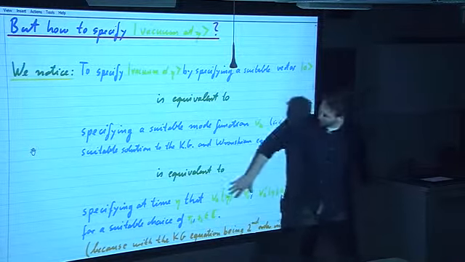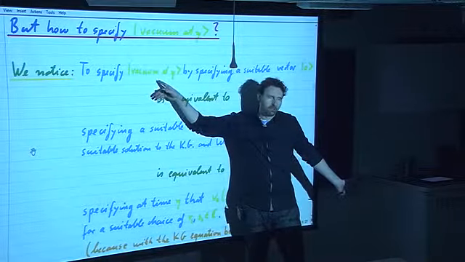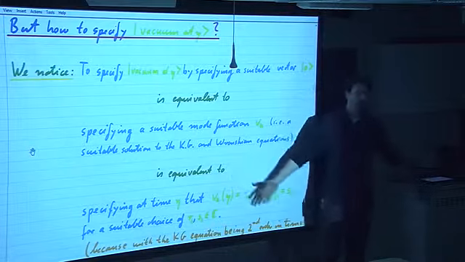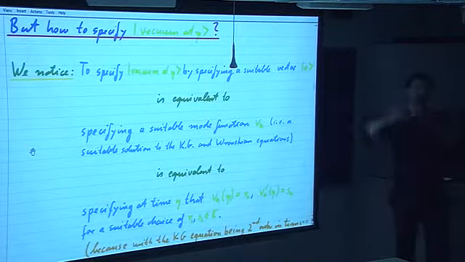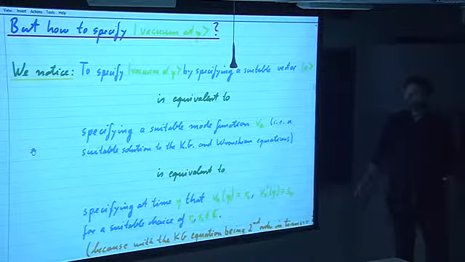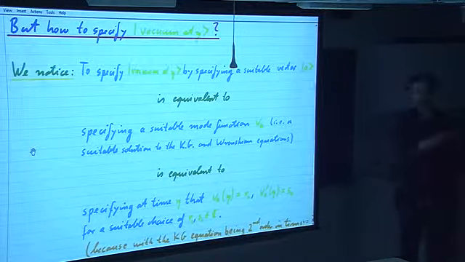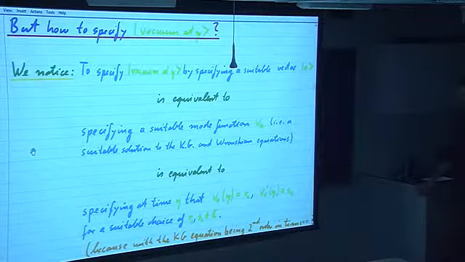This time a priori has nothing to do with the time at which we want to identify the vacuum, right? It's just that we want to nail down a choice of mode functions, and we can do that by choosing at any arbitrary time we want the initial condition and its derivative, amplitude and derivative. That will fix what the mode function is at all times because it's a solution to the Klein-Gordon equation.